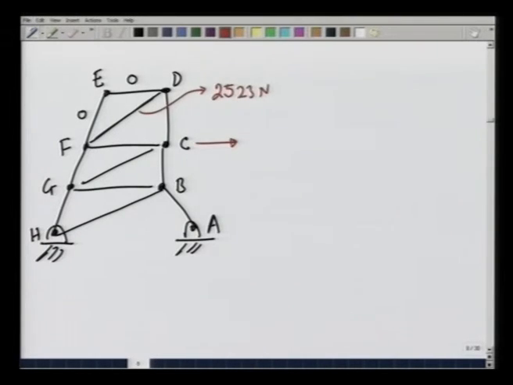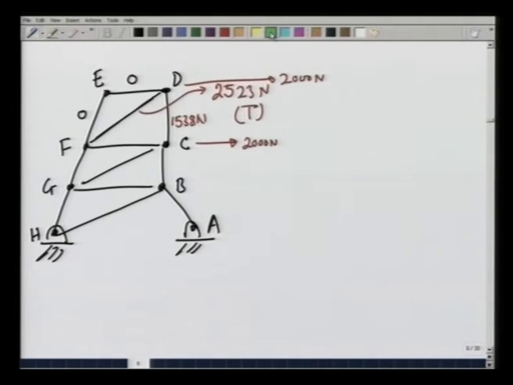This is of course loaded with 2000 newtons this way and 2000 newtons this way, and this force is tensile because it pulls D in. Similarly, now we have found Fdc, this force which is 1538 newtons.